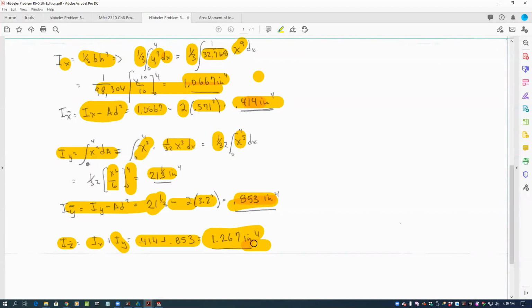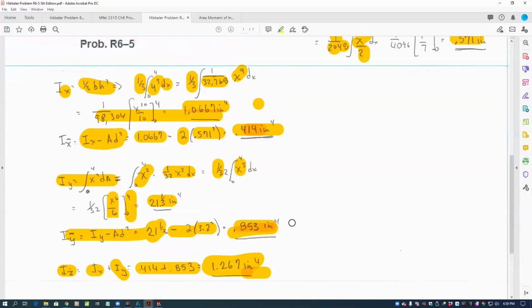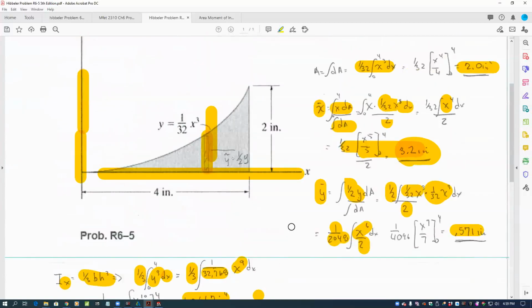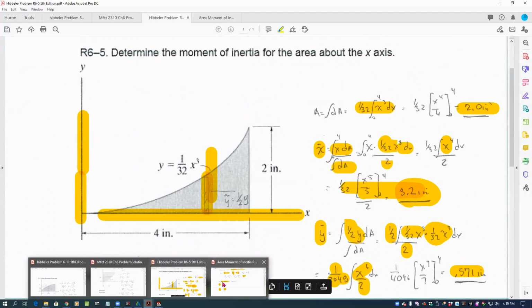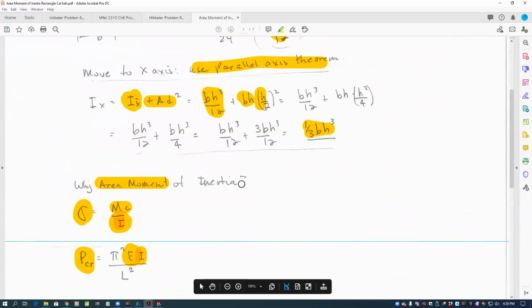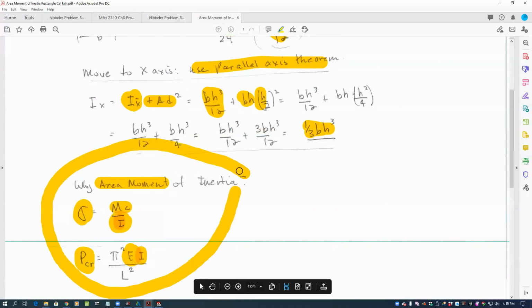If we're using CAD, it's always good to do a reality check, because if our inputs are incorrect, the automated system, the CAD systems and so on, will just give us totally erroneous numbers. And it's good to have a feel for what these should be, because we're going to be using these values in our calculations later on for both stress and critical buckling load. So we want to be comfortable in calculating these values.